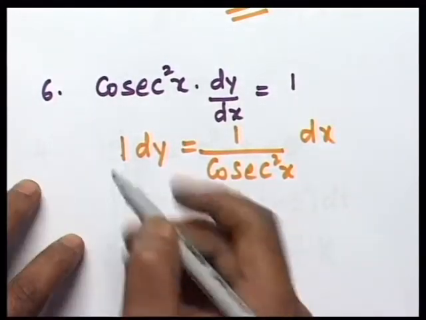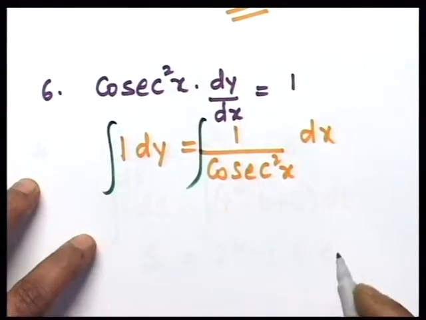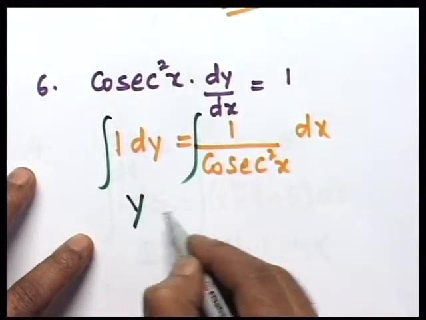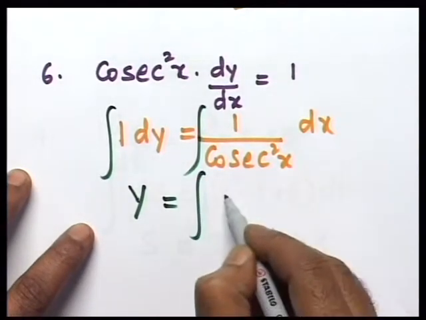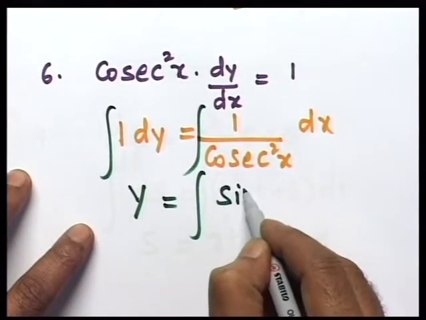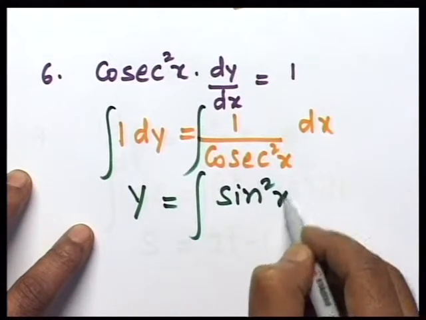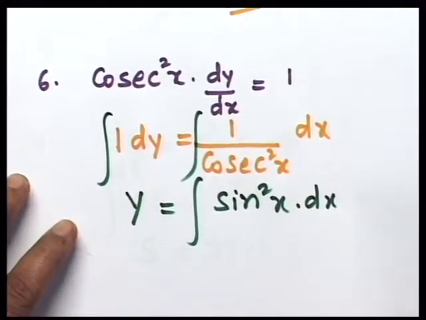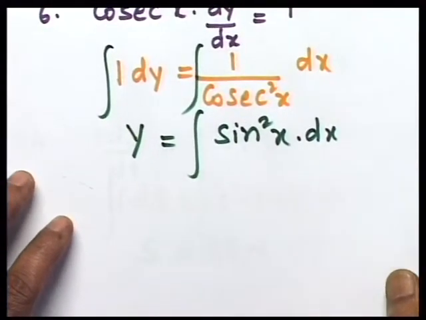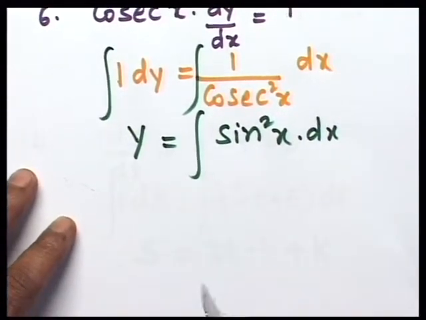We integrate now, isn't it, on both sides. So left hand side is y equals 1 over cosec squared, which is actually sine squared x dx. We know how to integrate sine squared x, isn't it?